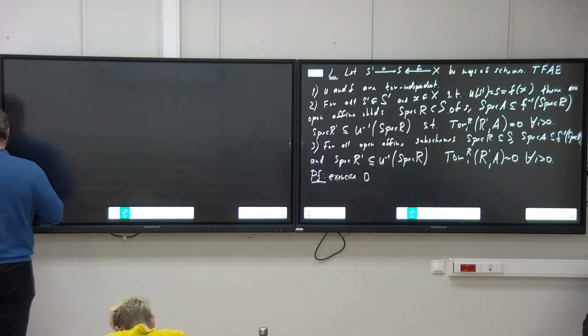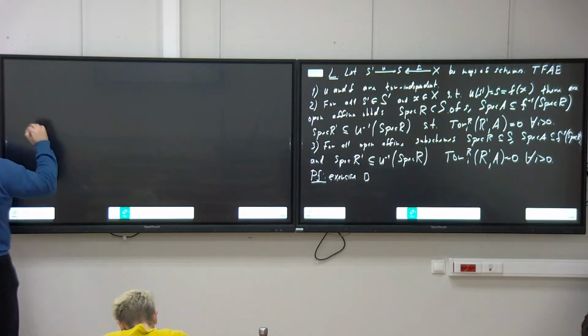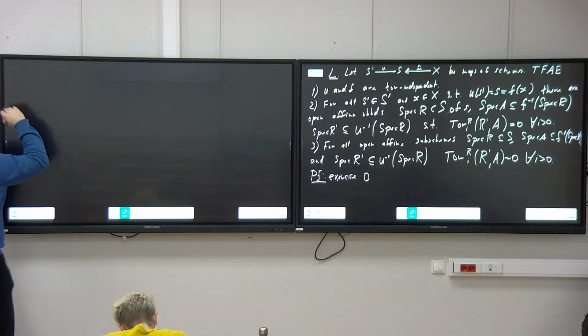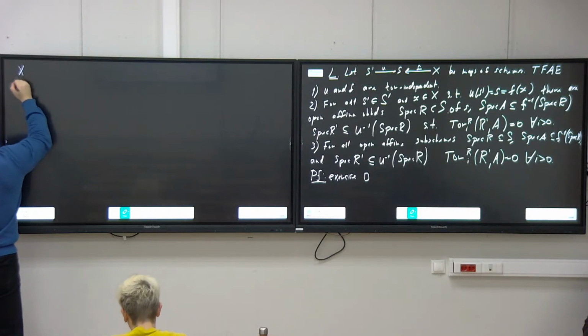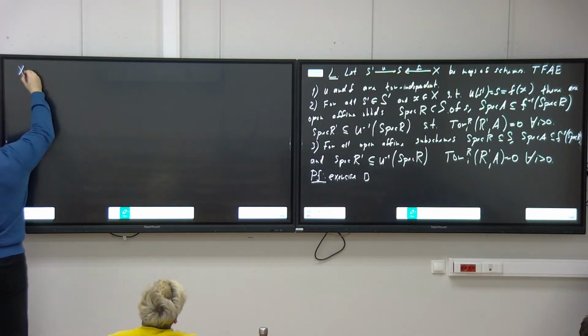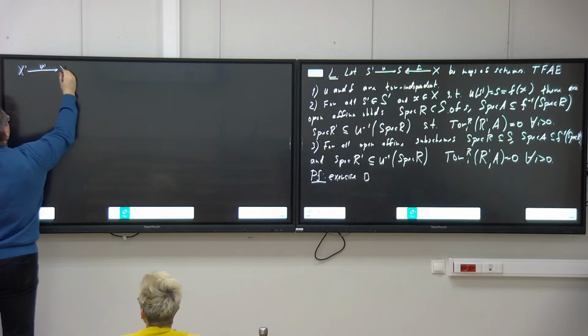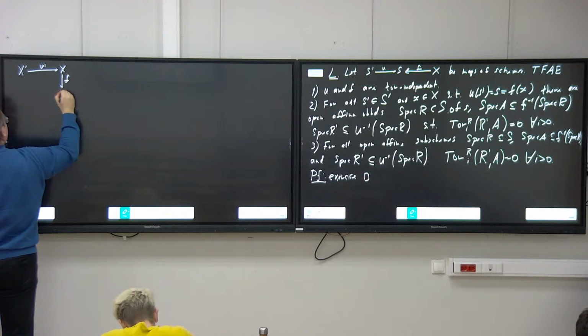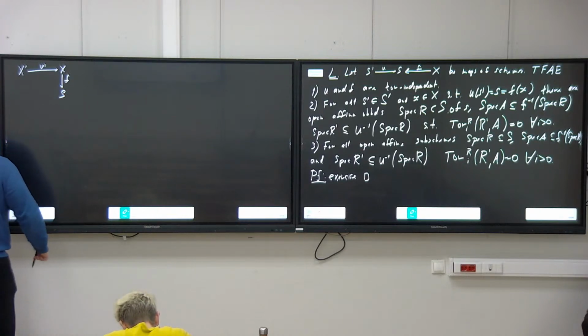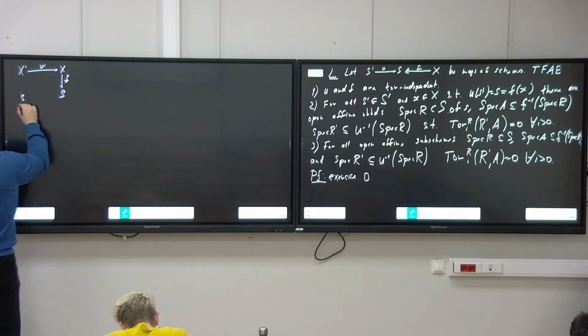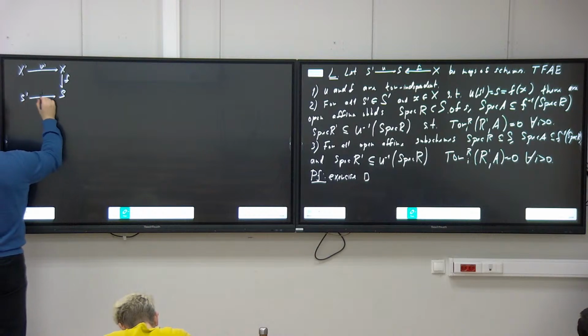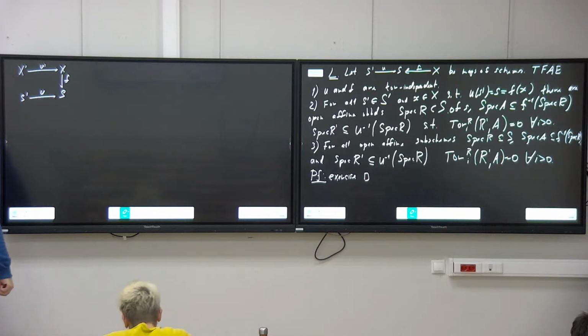Now let me look at the following commutative diagram of schemes. It will be used several times in the computations in this subsection. I have X mapped to S with the map F, and this map which is almost like a base change square, but I don't assume this is Cartesian at the moment.